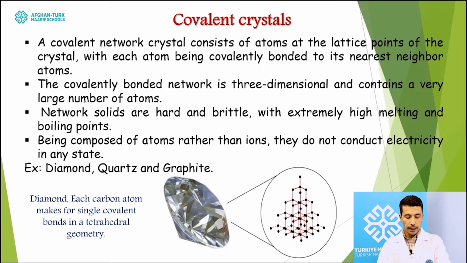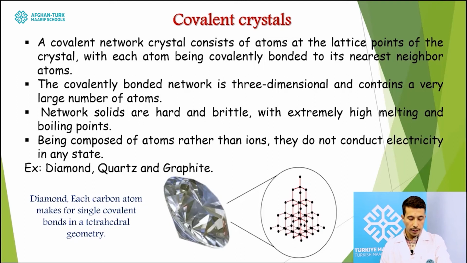We can say that these network covalent crystals are hard and brittle, and they have extremely high melting and boiling points, and they are composed of atoms rather than ions. We won't see any ion in this covalent network crystal. We will say atoms. Atoms are covalently bonded with the neighboring atoms. The examples are diamond, quartz, and graphite.